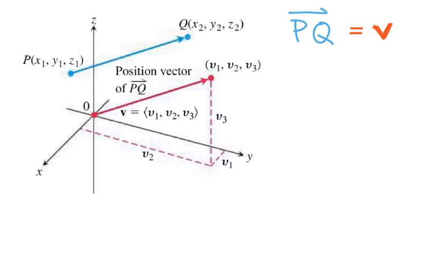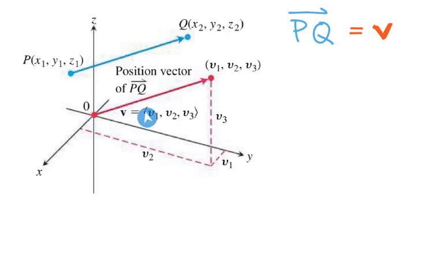Now, you'll notice V originates at the origin and it travels to some point in space, V1, V2, V3. So we've got a horizontal on X, a Y, and then a vertical Z. Vector V is the same as vector PQ, but it's in standard position.